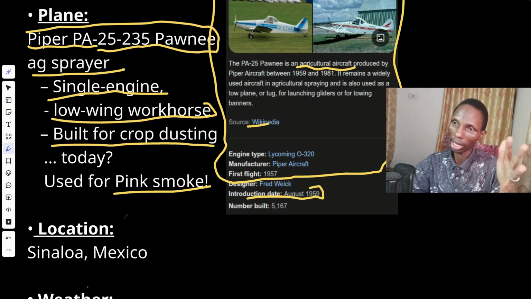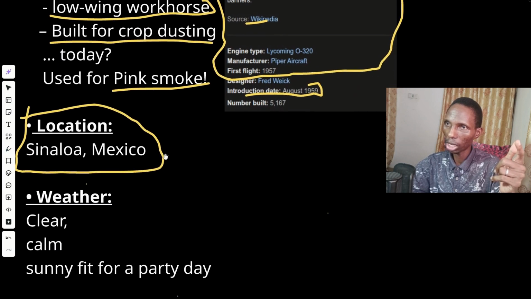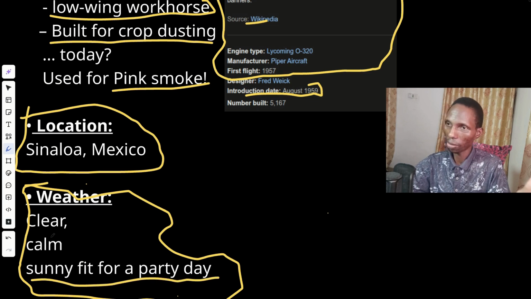Now, since we have an idea of where this happened, it was Sinaloa in Mexico. In terms of the weather, because I watched the footage myself that was circulating on social media, the weather appeared in the footage to be a clear, calm, and sunny day, fit for a party like that, because it was an outdoor party, and if it was rainy it would likely not be an outdoor party.